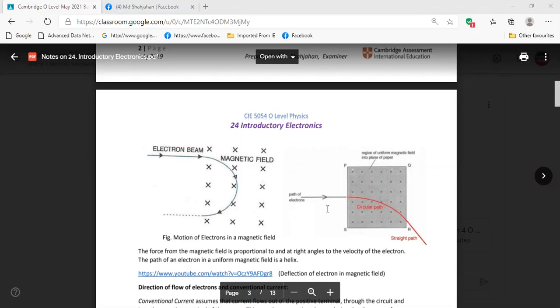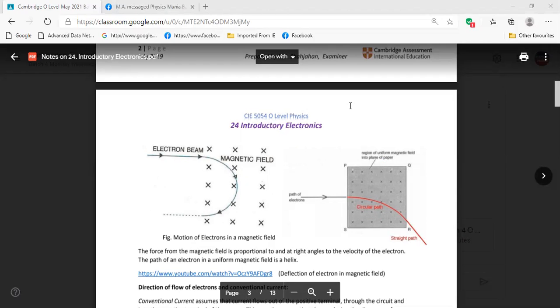Now this one you are applying Fleming's left-hand rule, right? So you draw this diagram quickly. No, the first one is only positive negative.